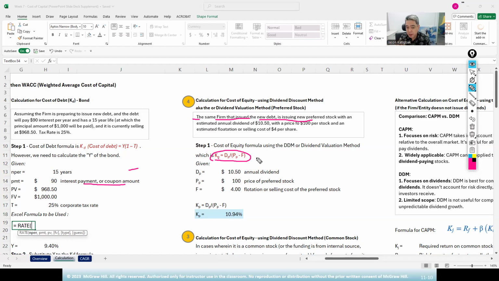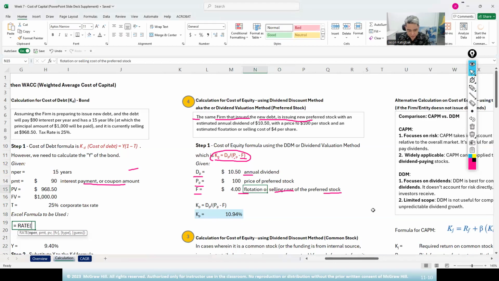So I need to make some changes, or even the book actually uses the word KP. So DP is the annual dividend for the preferred stocks over the price of the preferred stock, normally P0, right? But price of the preferred stock, P subscript P, minus F, which is the flotation or selling cost of the preferred stock.